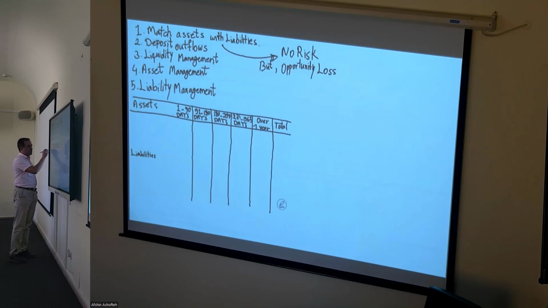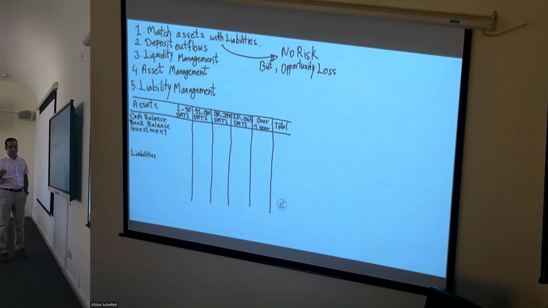We can have in the asset side the cash balance, the bank balance, the investments. That is a kind of asset for the bank. We can have the interbank lending that will make the interest income for the bank, and that is a kind of asset also.